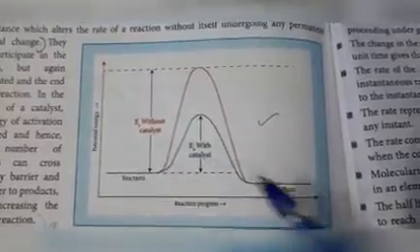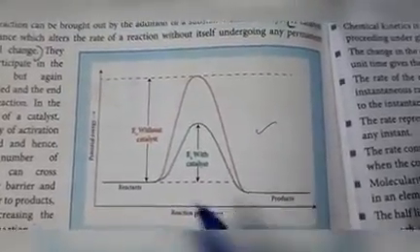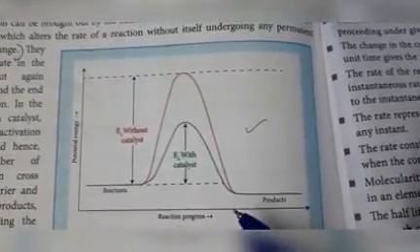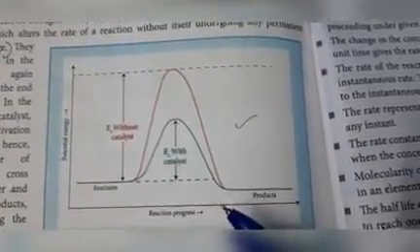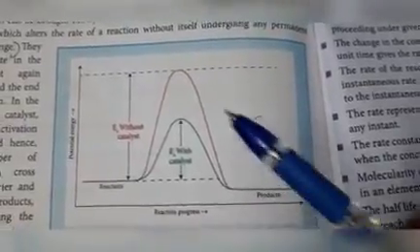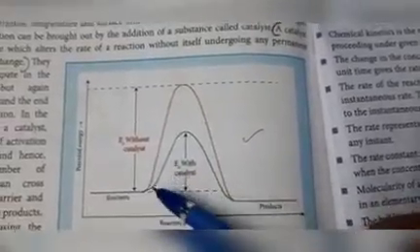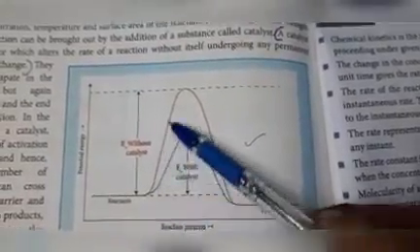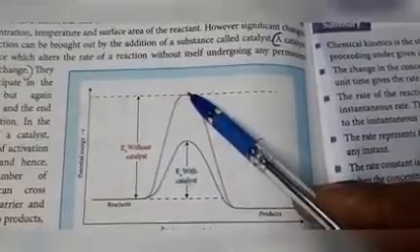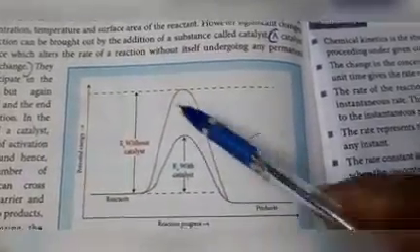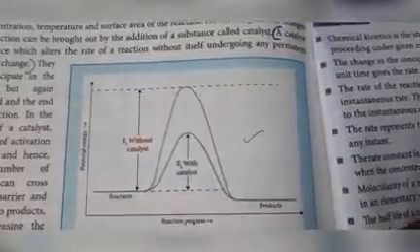The energy of reactant and the energy of product are both low. If energy is less, it is stable. When reactants react, intermediates are formed, and that intermediate is converted into product. So, this is the energy of the intermediate.